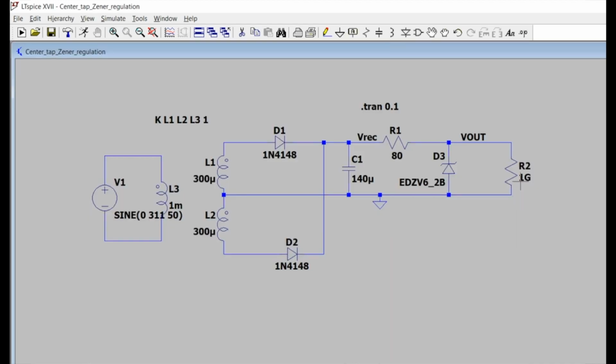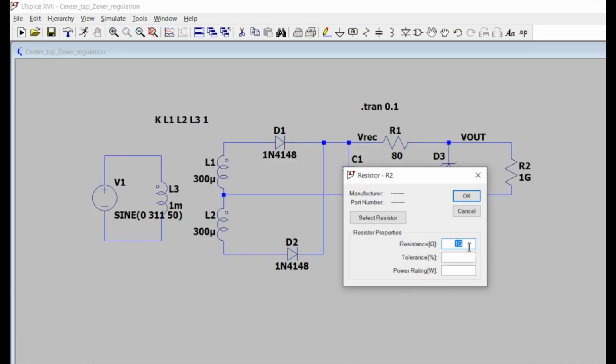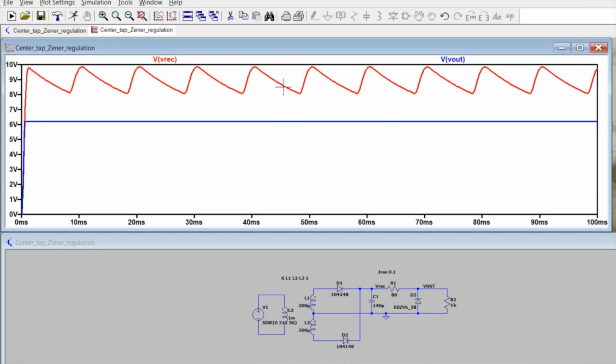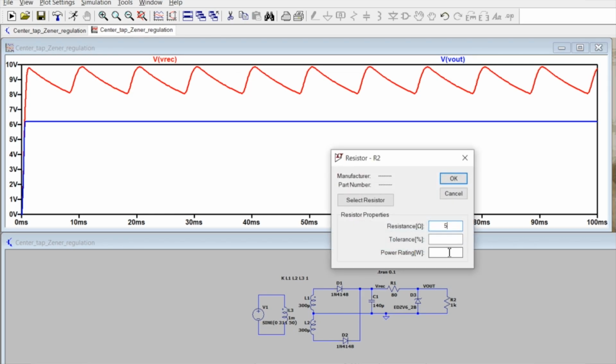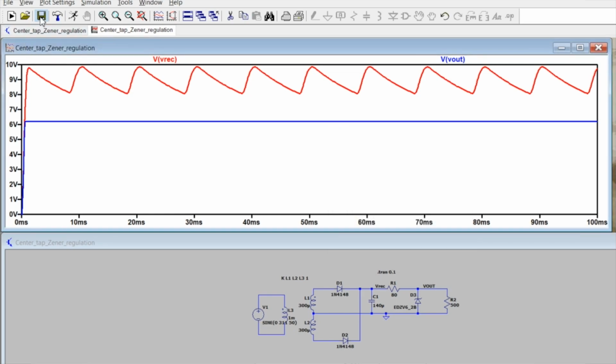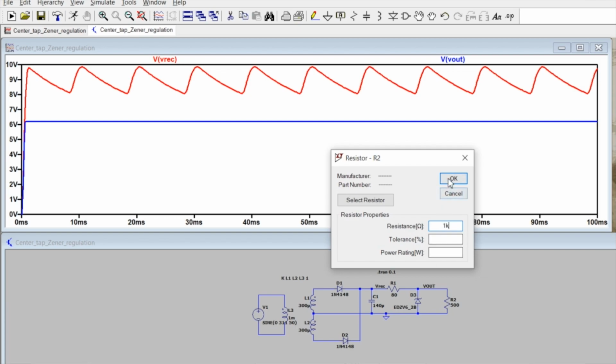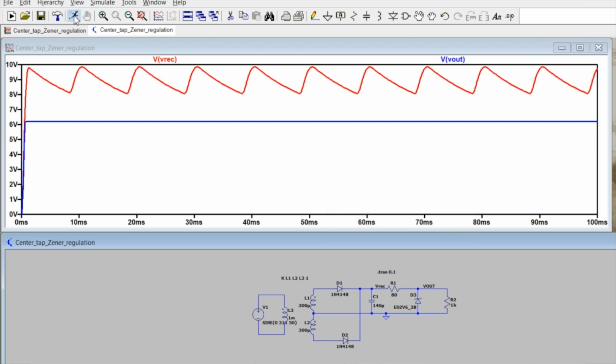Let's change this value to maybe 500. Now we can see this waveform. This is my 500 ohms, so you can see this ripple. If I change this value to 1 kilo ohm and run the simulation again, we can hardly see the rectified voltage varying.